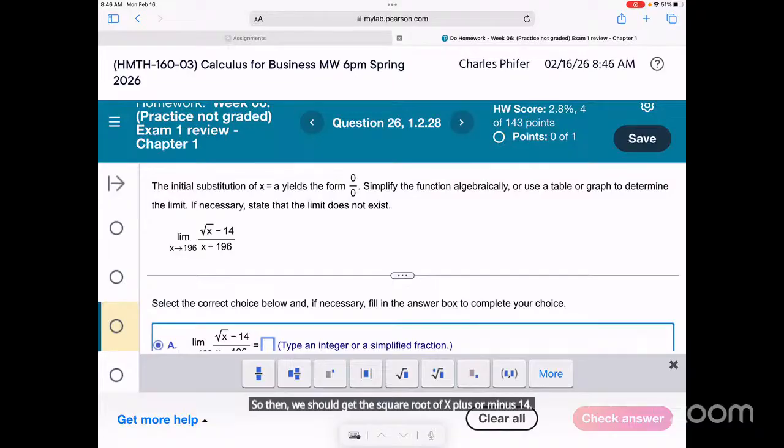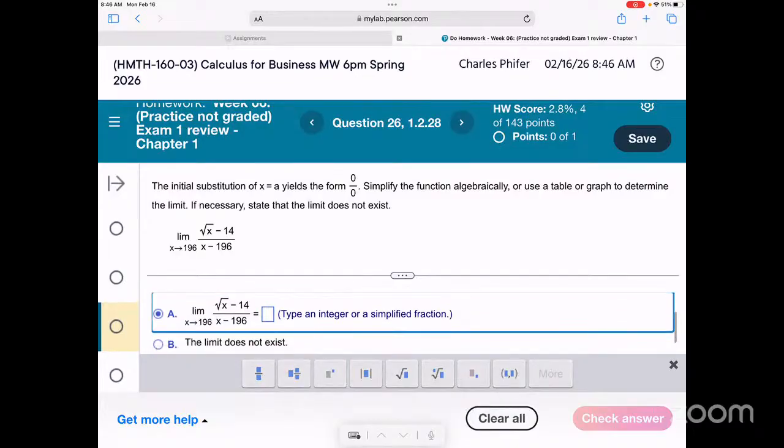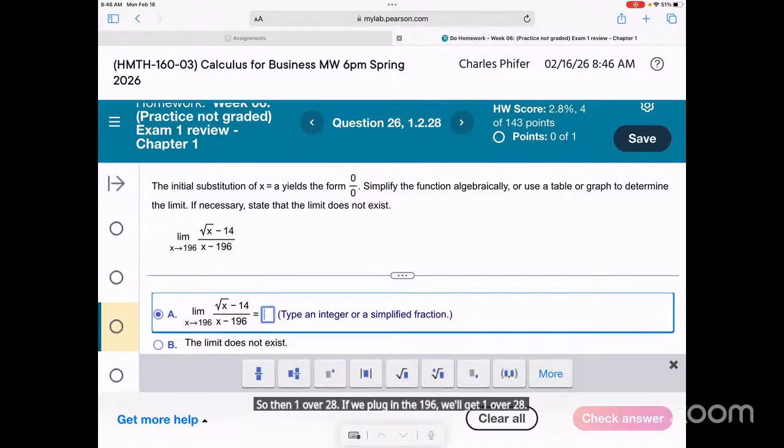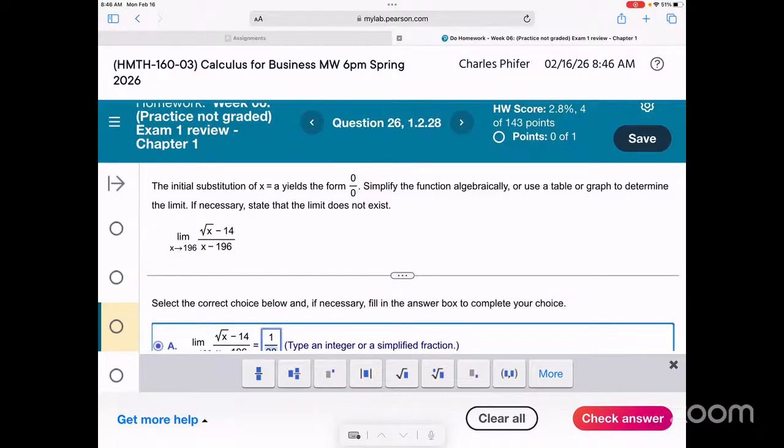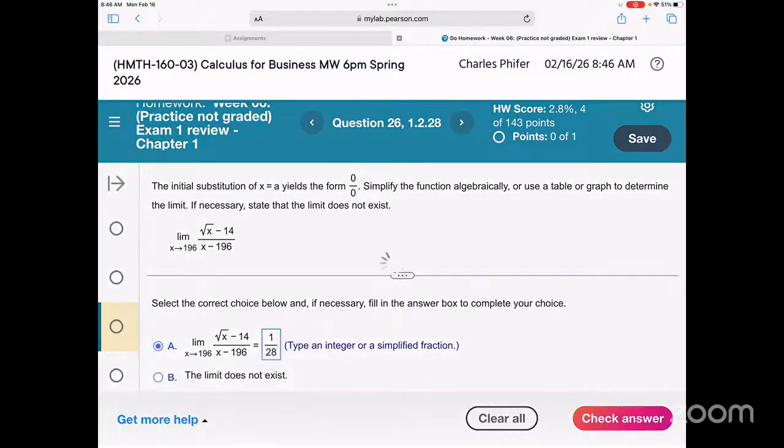So then the root x minus 14s are going to cancel. We're going to be left with 1 over root of x plus 14. If we plug in 196, we'll get 1 over 28.